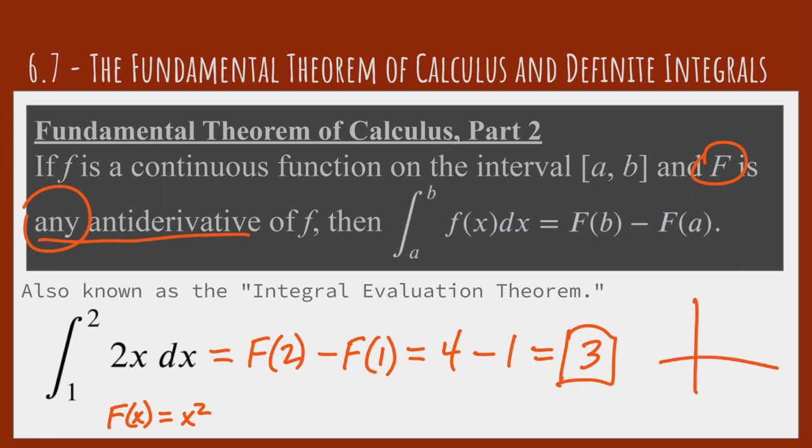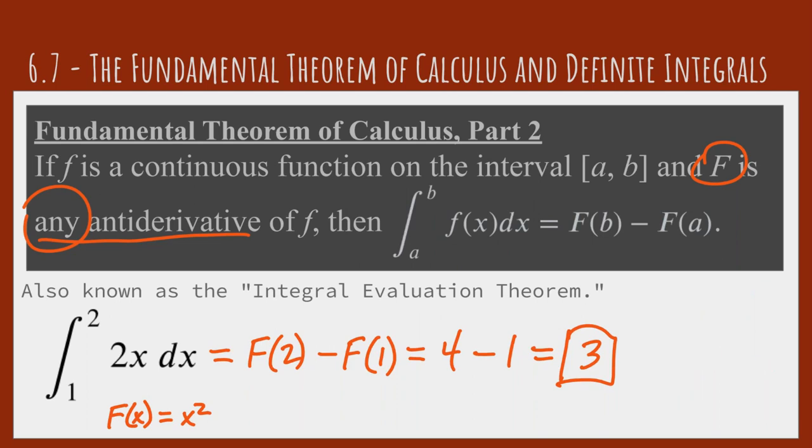If we were to graph the function y equals 2x and go from 1 to 2, we can find the area of this trapezoid using geometry, and we would indeed get 3 for that area. But now we can evaluate this using analytical tools, processes that we did not have in our toolbox before.